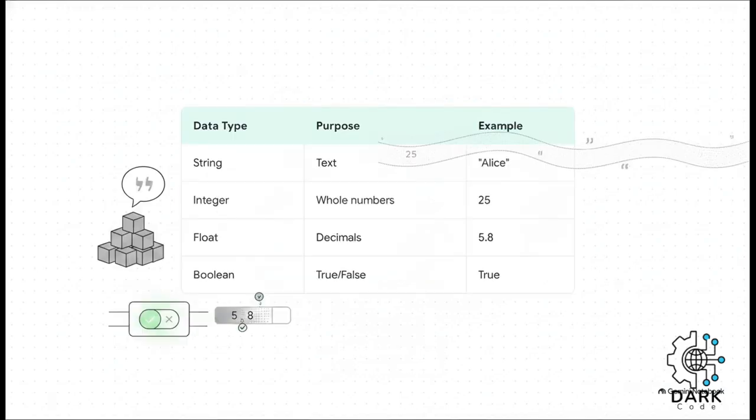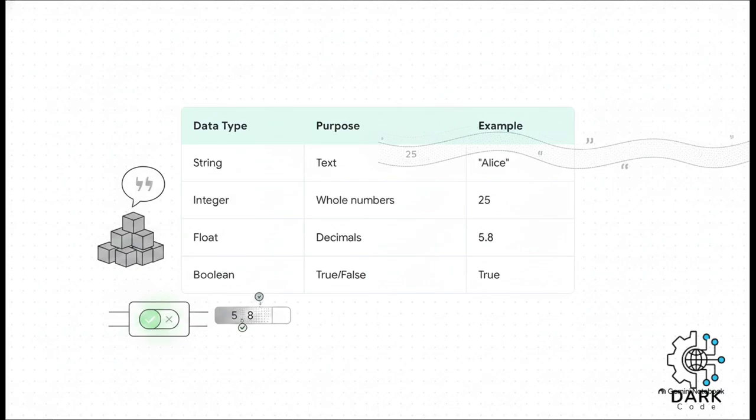So let's look at how this builds into what we call specific data types. First up, we have the string. Its main purpose is storing words or text. So in our example, name equals Alice. Python sees those quotation marks around the word Alice and instantly knows, I need to treat this as text. Second is the integer. This container is exclusively for storing whole numbers, like age equals 25. No fractions, no decimals, just solid whole values.